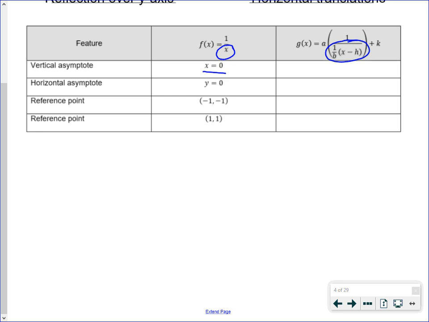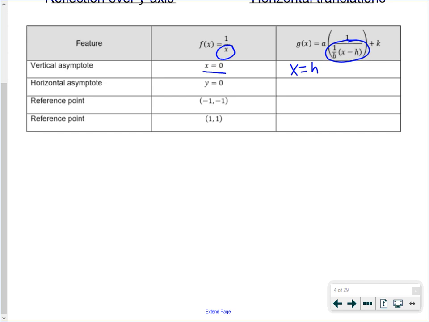When that denominator equals 0, that's when there's a vertical asymptote, because it cannot exist. If we set that parentheses equal to 0, we get that x has to equal h for this function to not exist. So there's an asymptote at x equals h. Because if you plug in h, you get 1 over b times h minus h, which is 0. So you end up getting 1 over 0, which doesn't exist.